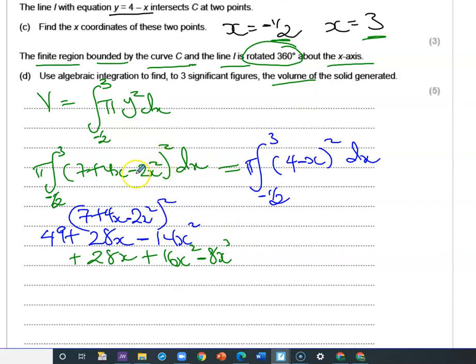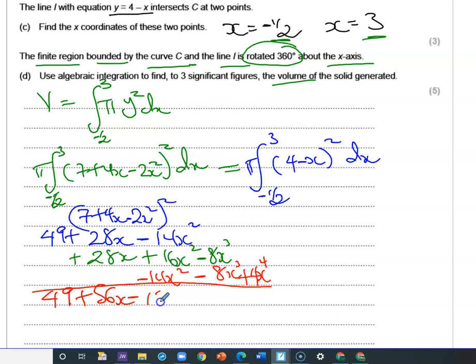Next, I will take the -2x squared and multiply through the same way. So what would I get? I will be getting minus 14x squared minus 8x cubed, and then 4x to the power 4. Now, if I simplify the left-hand side, that should give me 49 add 56x minus 12x squared minus 16x cubed add 4x to the power 4.